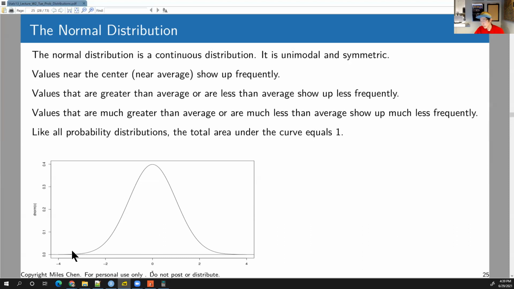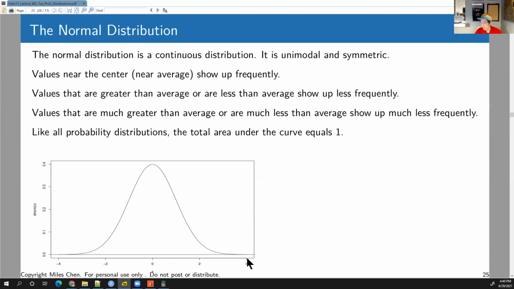Okay. And one rule of all probability distributions is that the total area, because this represents the total probability of all possible outcomes, has to equal 1. Just because probability equal to 1 means something in here is possible. And that's what we have here.